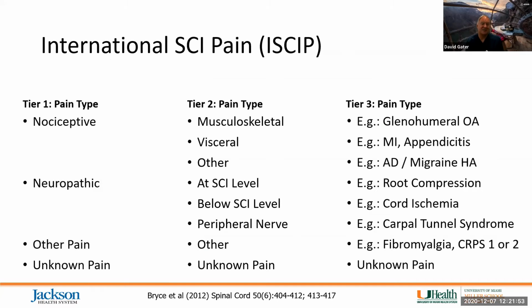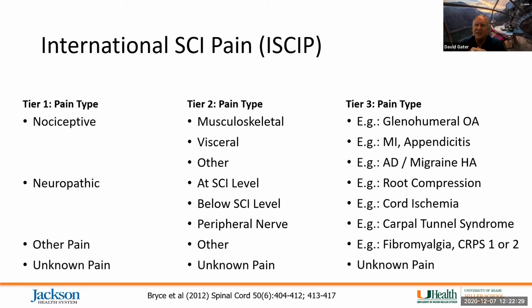And then Tom Bryce and the International Spinal Cord Injury Group put together a more recent taxonomy in which they talk about tiers. And I know what you're thinking, no more tiers. But yes, tier 1, tier 2, and tier 3. Now, tier 1 has to do with the pain type. Is it nociceptive, neuropathic, or other? Within the pain type, if it's nociceptive, is it musculoskeletal, visceral, or other? If it's neuropathic, is it at, below, or in the peripheral nervous system?